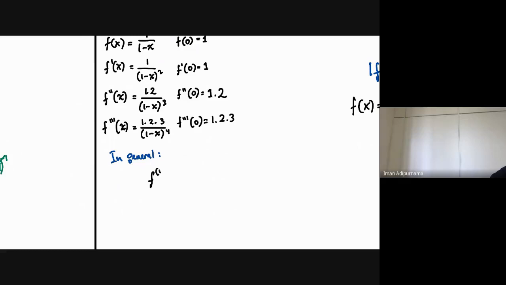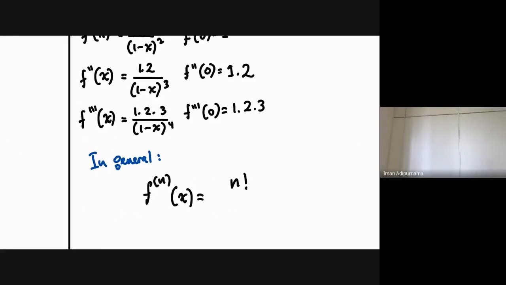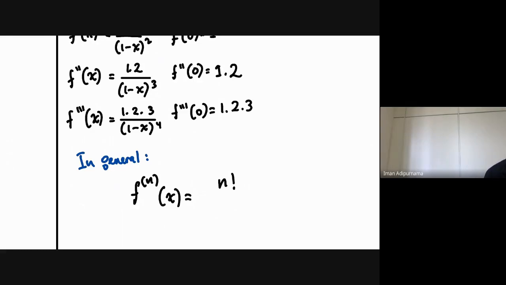If you see the pattern that comes up, 1 times 2, 1 times 2 times 3, and if you derive another function, 1 times 2 times 3 times 4, 1 times 2 times 3 times 4 times 5, we can say it's n factorial divided by (1 minus x) to the power of n plus 1.